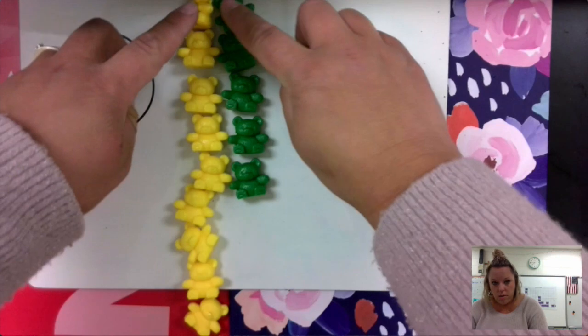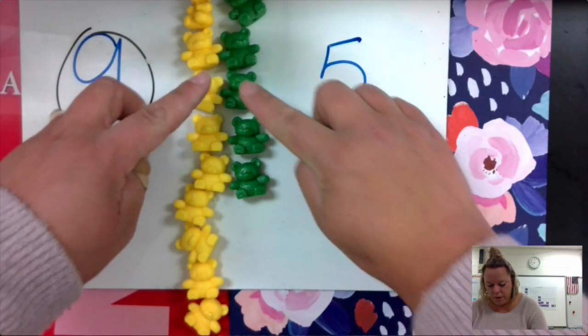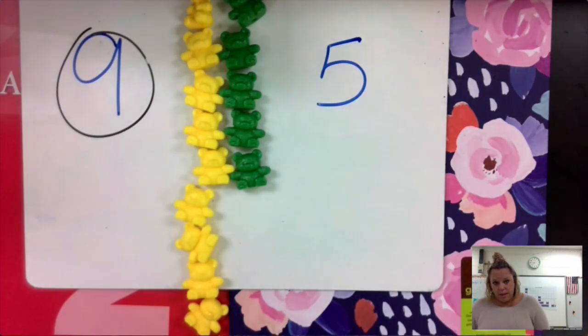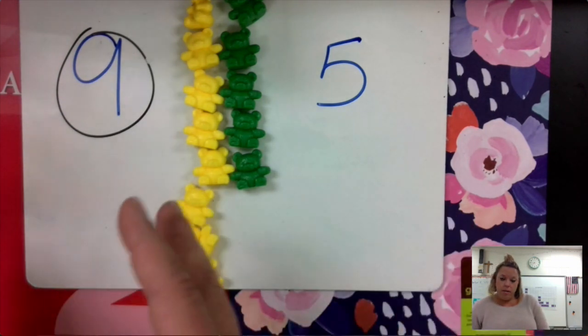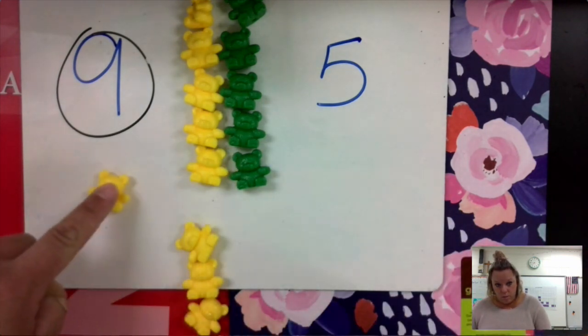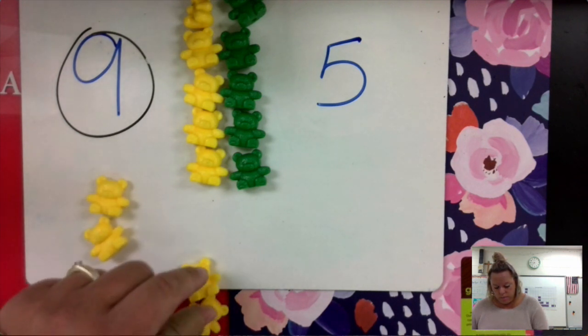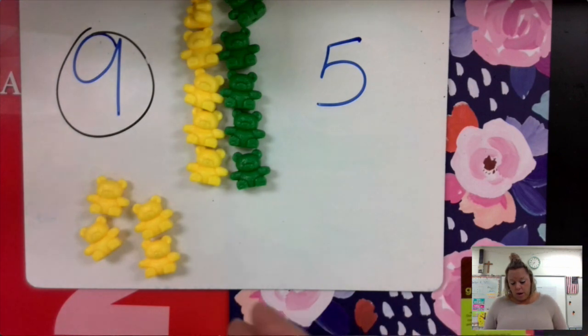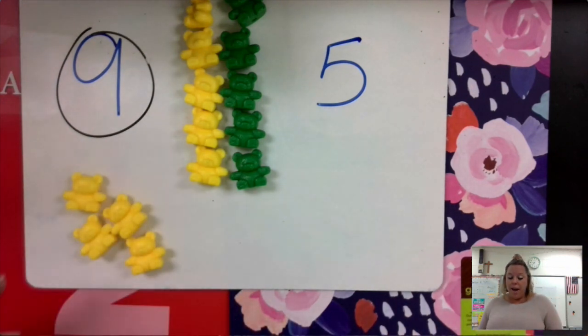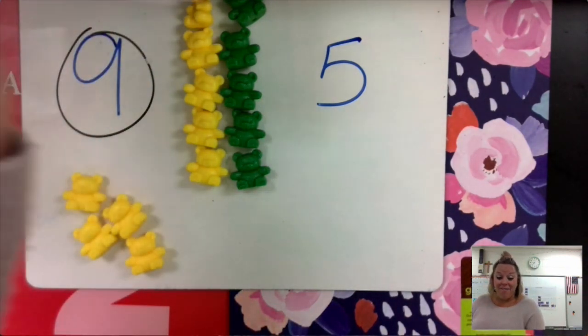Well, you see that all of these bears have a partner up here, don't they? They have someone that they could sit next to. But these ones here don't. So that's how much greater 9 is than 5. So how many? 1, 2, 3, 4. Those 4 bears didn't have a partner. So that's how much greater 9 is from 5.